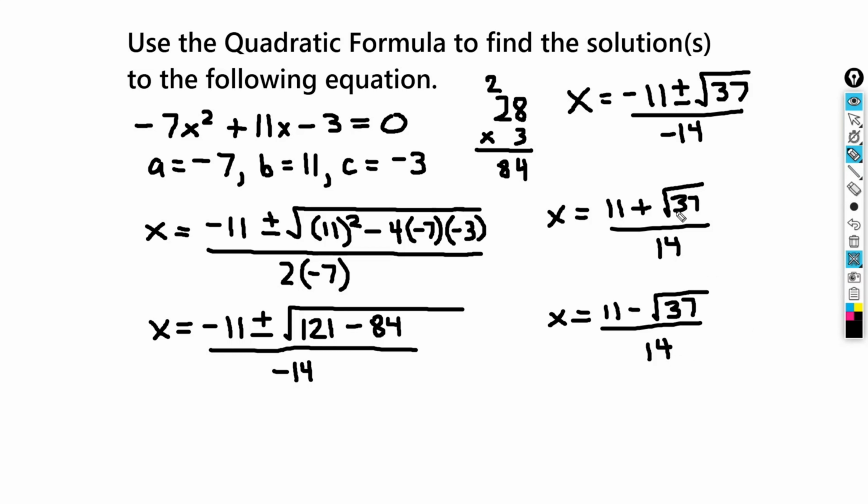So square root of 37 is very close to 6. So this is basically like 11 plus 6, so 17 over 14. That's like 1.3, something like that. And then this is like 11 minus 6, so this is 5, so it's a little less than half. So let's say about 0.4. So now let's jump to Desmos and see how close I was with my estimates here.